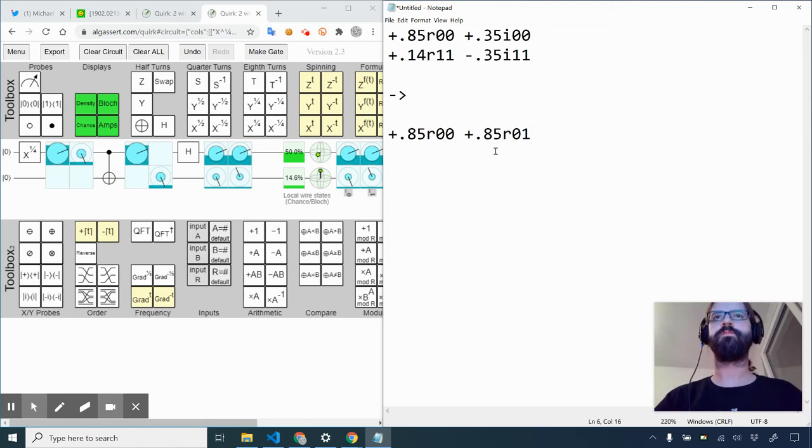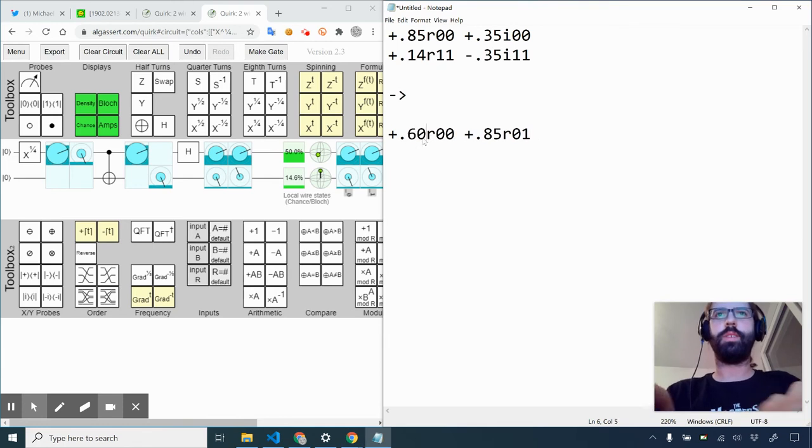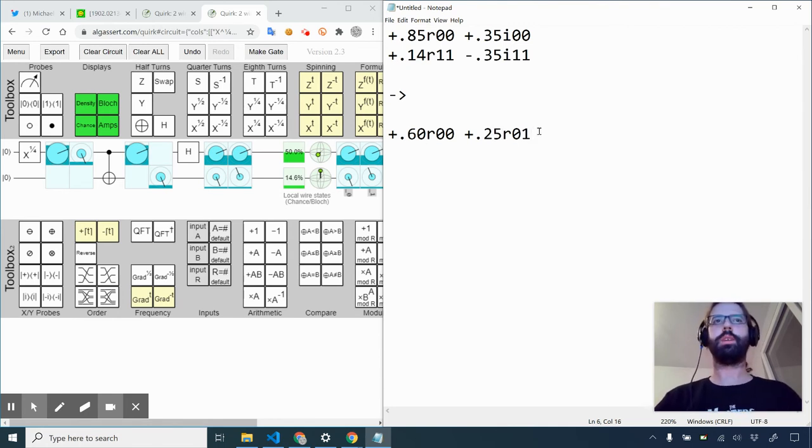I'm cheating here. Okay. 0.60 and 0.25. There's no way I would know that intuitively, I think, but I know it's kind of creating these. Wait a second.